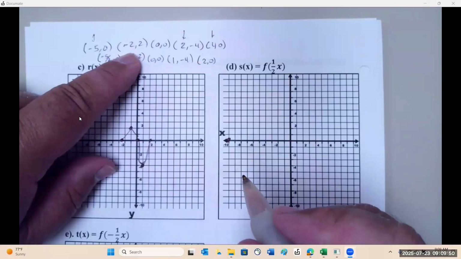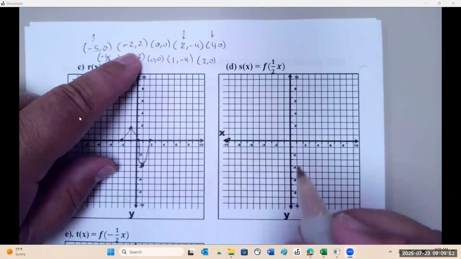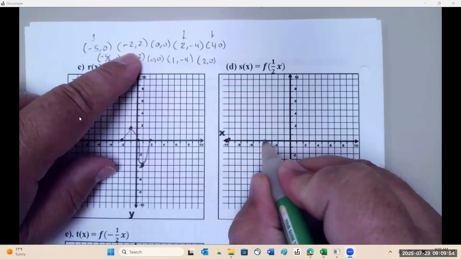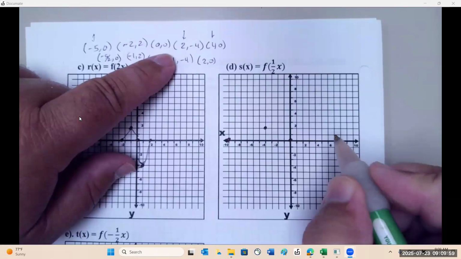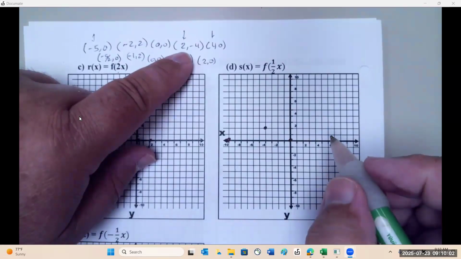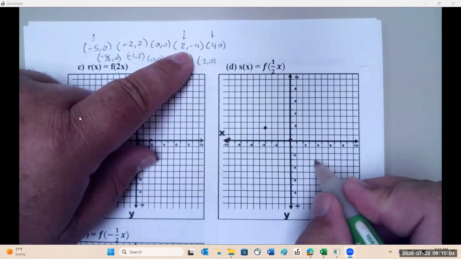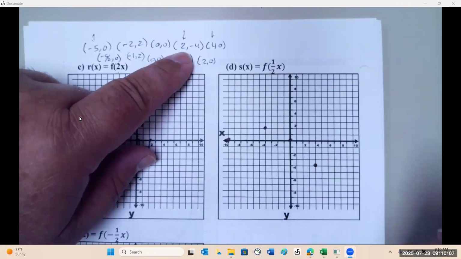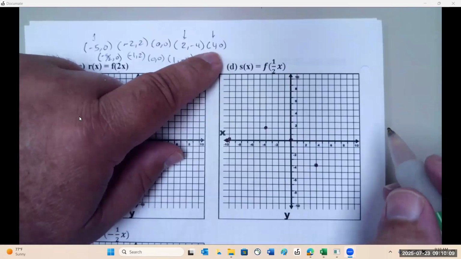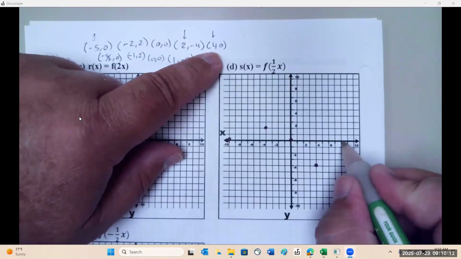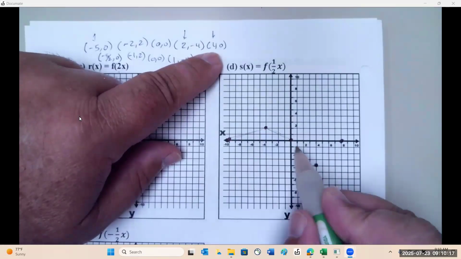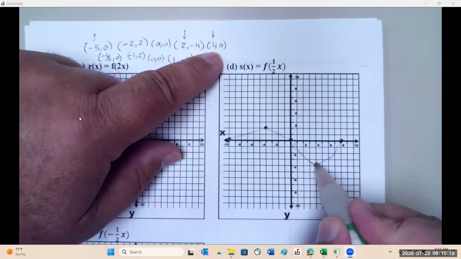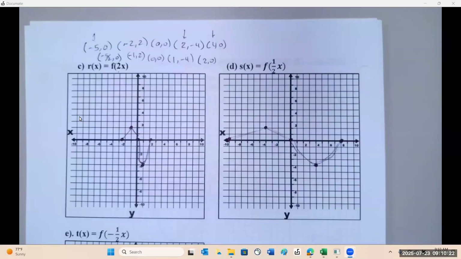The next one, -2, 2, becomes -4, 2. 0, 0 stays the same. 2, -4 becomes 4, -4. And then 4, 0 becomes 8, 0. So look at this graph. Now this graph has been stretched horizontally.